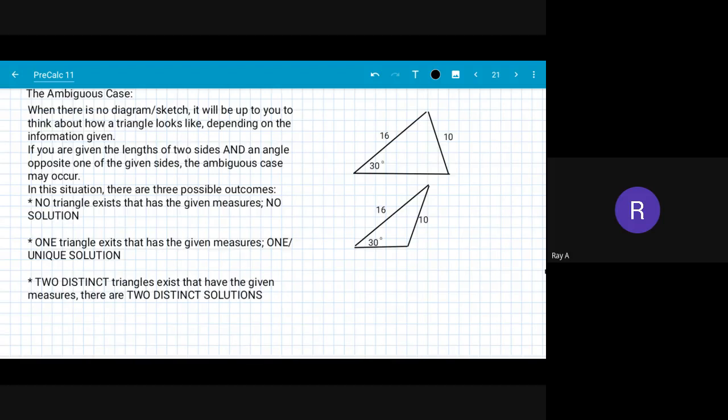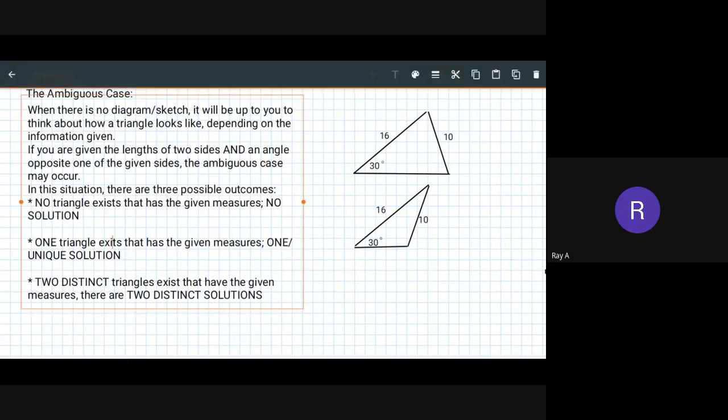Now, if there is an ambiguous case, there are three possible outcomes. It could be that there is no triangle that exists, even if you are given a certain set of measures, okay? There's no solution. It is also possible that there is one triangle that exists.